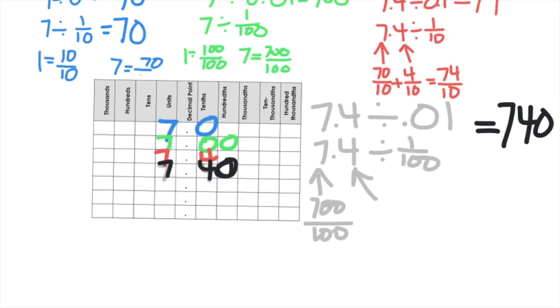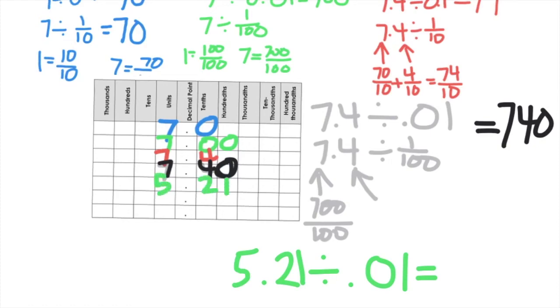All right, last one we'll try together before I mess this up. We're going to do 5 and 21 hundredths divided by 1/100th. Now I'm going to write this in my place value chart, 5 and 21 hundredths, and I'm trying to figure out how many total hundredths are in this number.